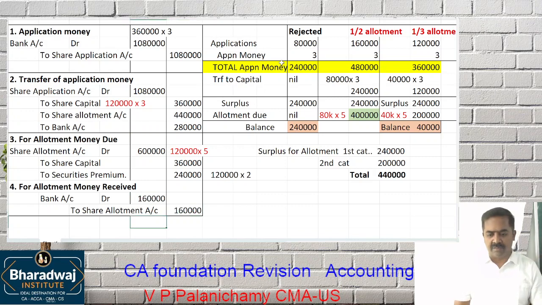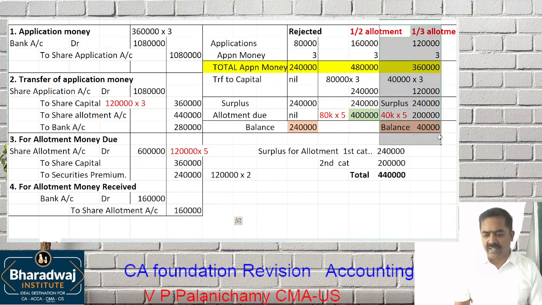We can also see it in the table method. In the first category, is there any due? Rejected. In the 1/2 allotment category, how much surplus is there? 2 lakh 40. How much allotment money is due? 4 lakhs. So that 1 lakh 60 is this 1 lakh 60. You have to pay 4 lakhs, surplus of 2 lakh 40 is adjusted, so the balance 1 lakh 60 is collected.